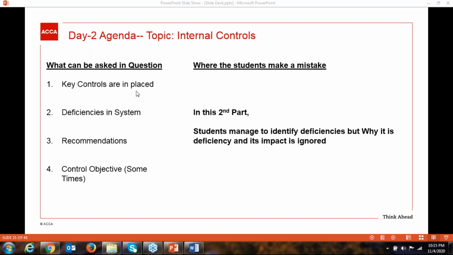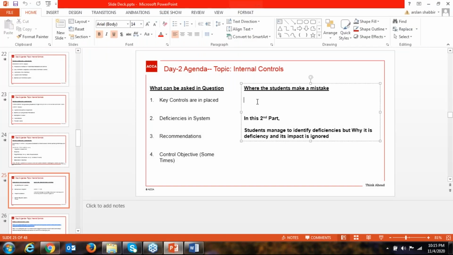Here is the big mistake the students make: students easily identify the key controls placed in the case, but do not identify why it is a key control, or you can say its advantage.